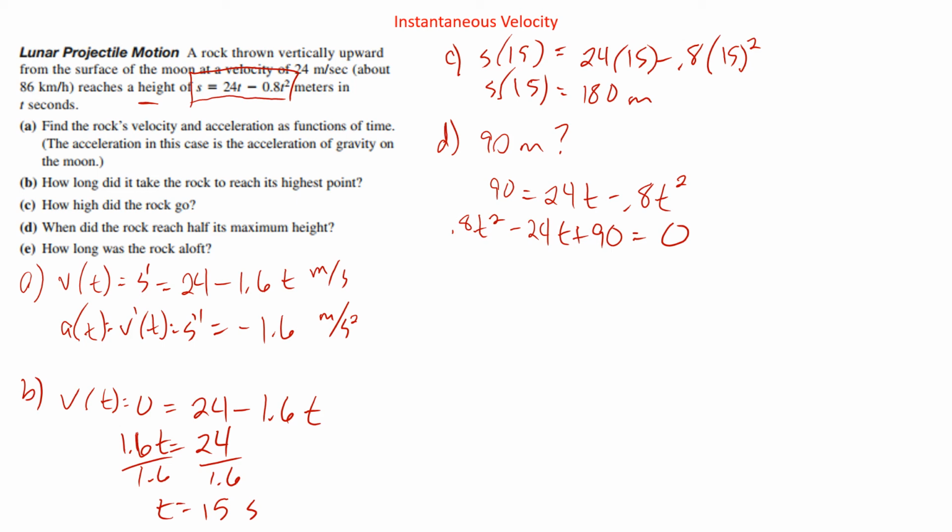I don't know. We're going to use quadratic formula because that seems like it might be a little bit easier in this case. So it's when t equals negative b, so that's 24 plus or minus the square root of b squared minus 4 times a times c all over 2a.